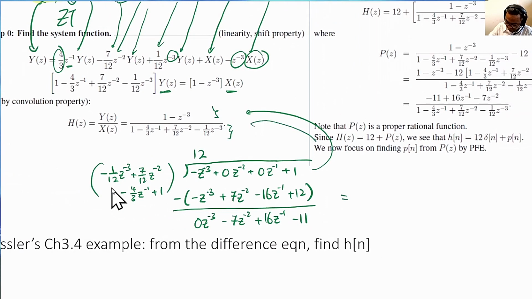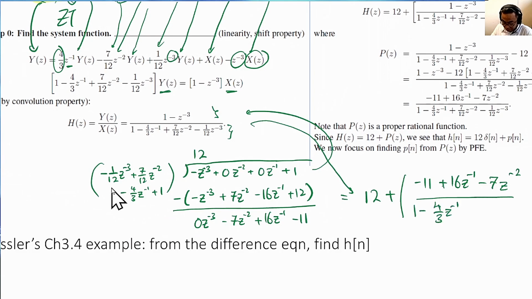This function is now equal to 12 plus (-11 + 16z^-1 - 7z^-2) divided by (1 - 4/3 z^-1 + 7/12 z^-2 - 1/12 z^-3).